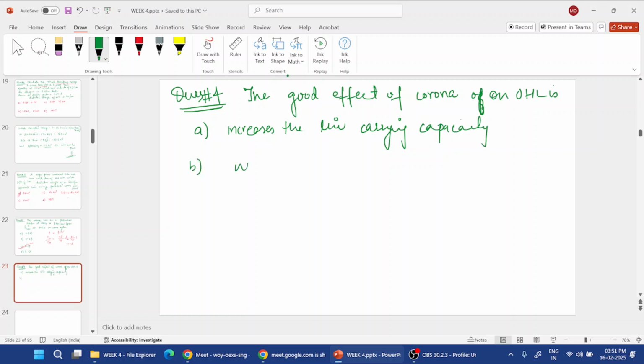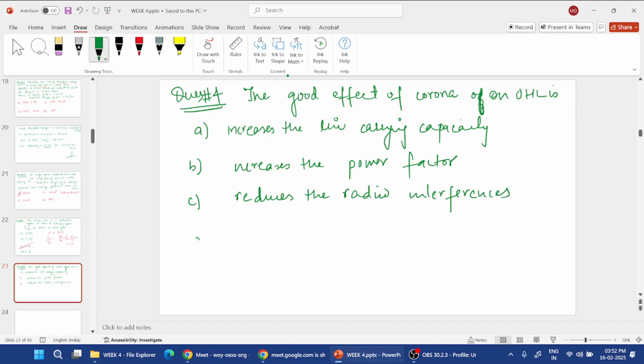B, increases the power factor. C, reduces the radio interference. D, reduces the steepness of surge front. So give me the correct answer.